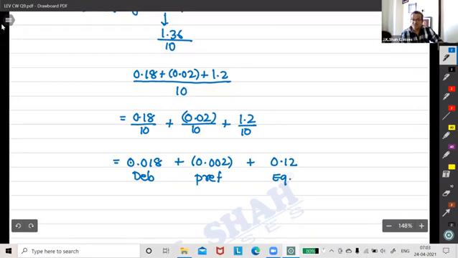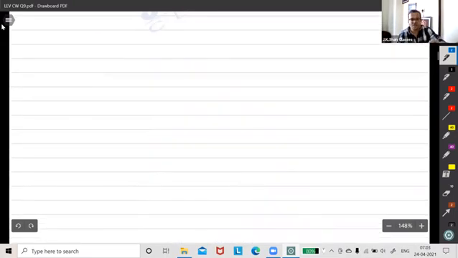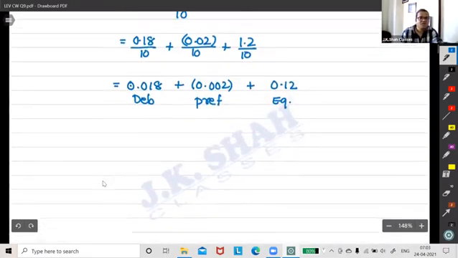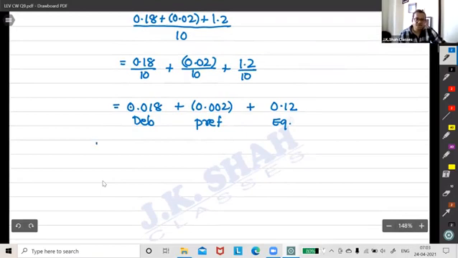Right, friends? Let's convert it into percentage. That is, we're talking about 13.6, no? This side it is 13.6, no?